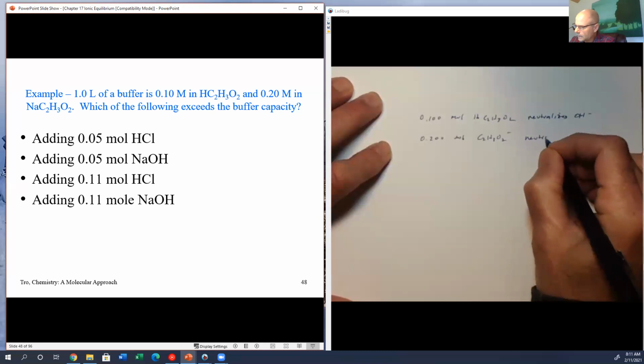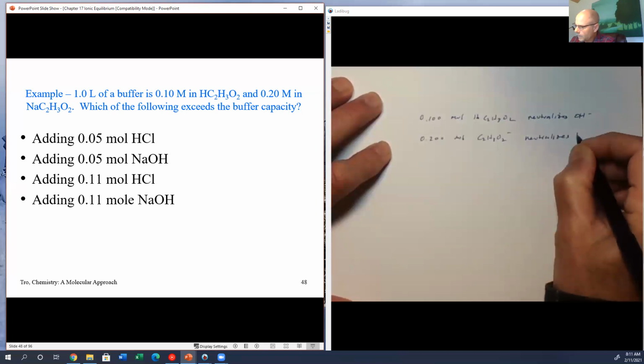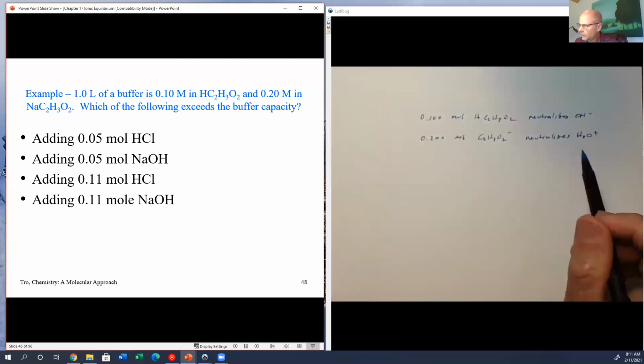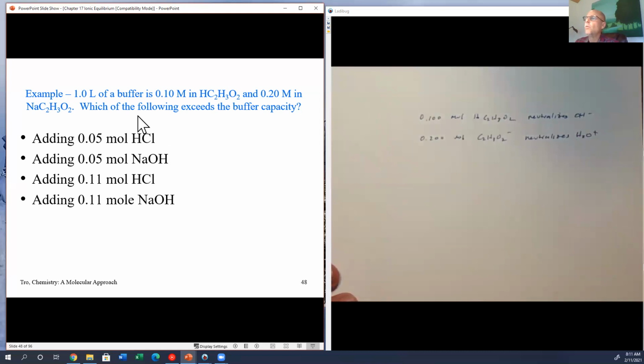And this neutralizes added H3O plus. So the question is, which of these additions would destroy the ability of the buffer to continue to act as a buffer? So will adding 0.05 moles of HCl destroy this buffer's capacity?